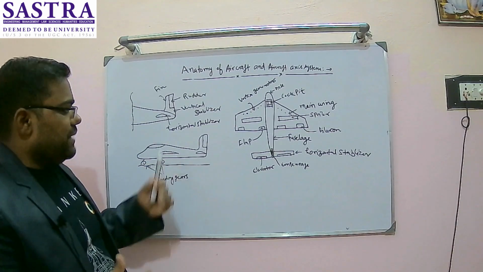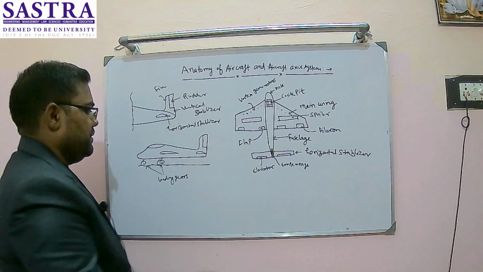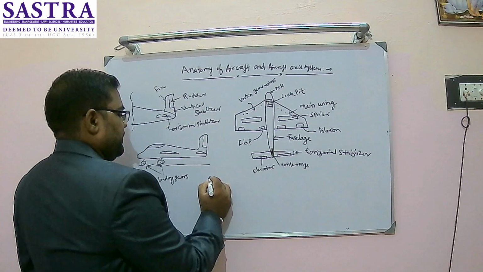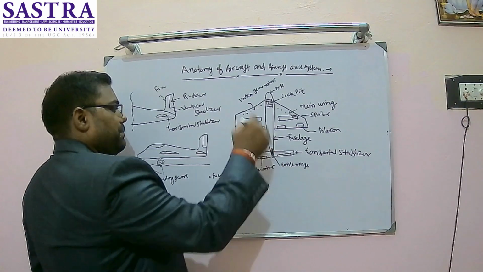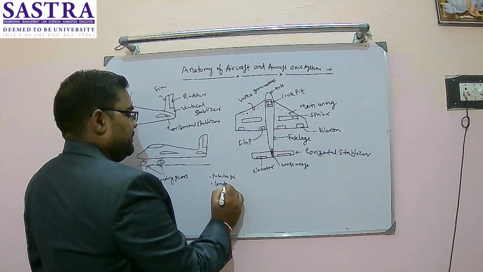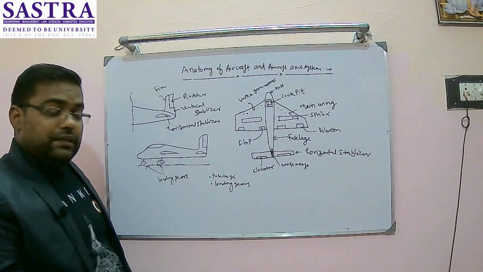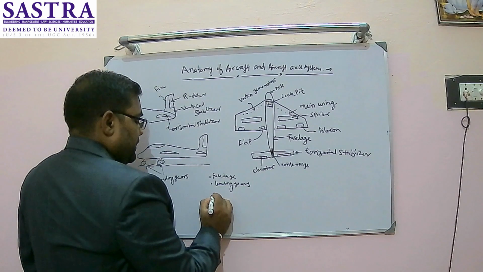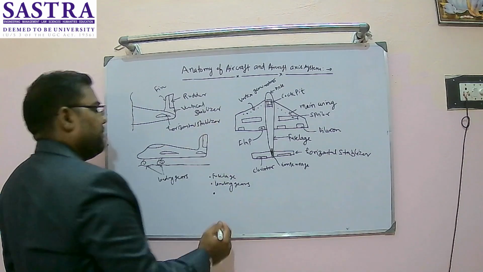If you summarize the main parts of the aircraft, first we say the fuselage, the central body to which all the parts are attached. Second is the landing gear, which is required to support the aircraft. Third, if you want to generate lift, you need some forward motion. That motion is provided with the help of the aircraft engine.